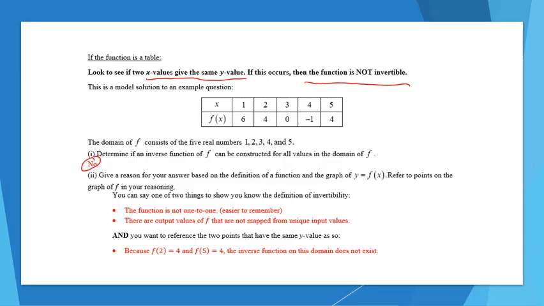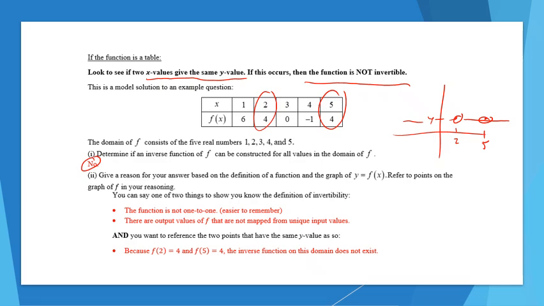And the reason why it's no is because we see those two have the same y coordinate, right? If we graphed it, you would see 2, 4, and then 5, 4. And this would not pass the horizontal line test. So no, and then give a reason for your answer. Refer to the points on the graph of f or in the table of f in your reasoning.